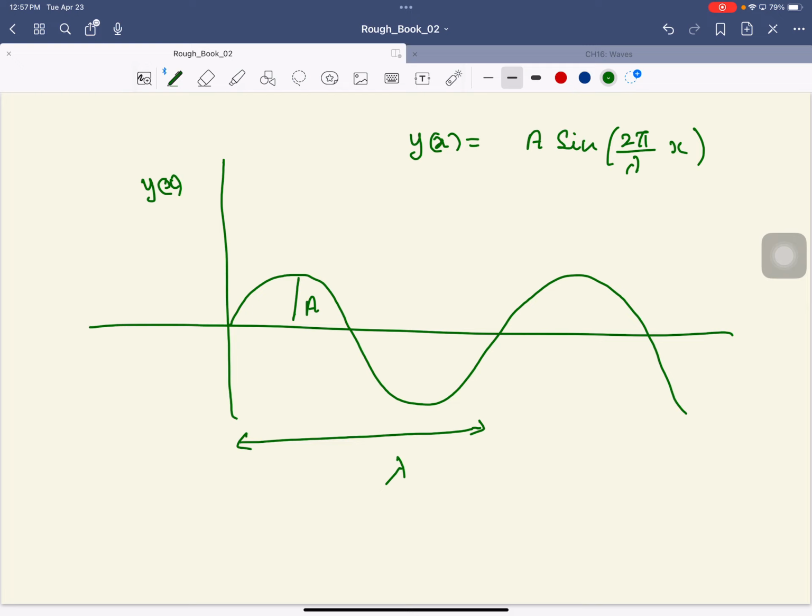Let's make sure that this is correct. For x equal to 0, this is sine 0. Sine 0 is 0. For x equal to lambda by 4, that would become pi by 2. Sine pi by 2 is 1. A.